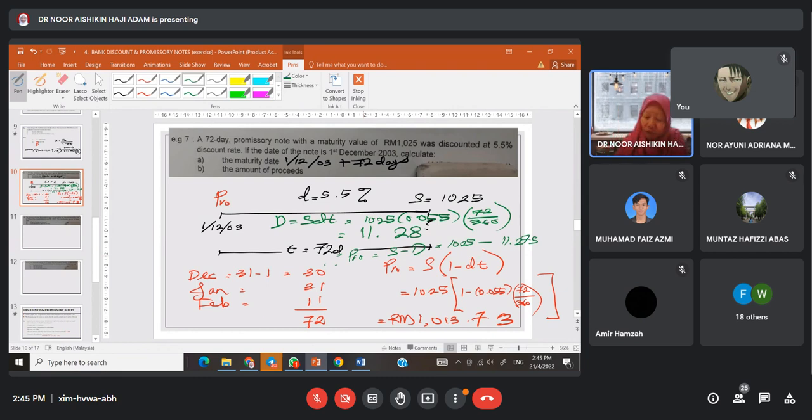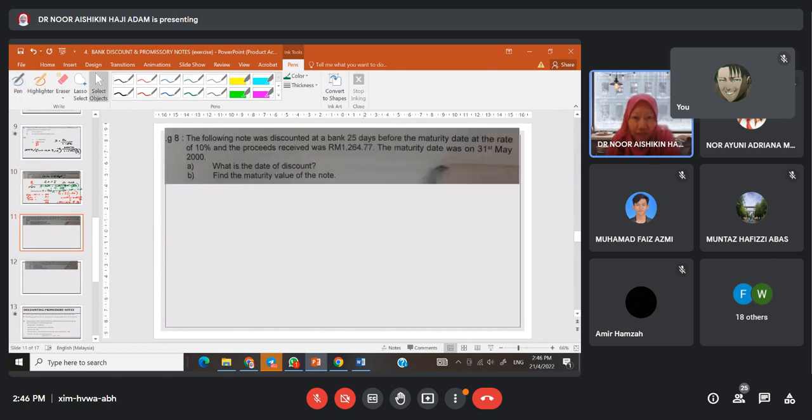Yang penting you faham what you're doing. Tapi kalau masa you bundarkan banyak kali, katalah soalan tu complicated, ada a few steps, dia akan lari jauh sangat. Kalau setakat 0.01 tu boleh terima lah. Okay, class? Cuma saya rasa lebih jimat masa if you pick and choose and use that formula. Proceeds is S times 1 minus DT. Okay, we are done with this.